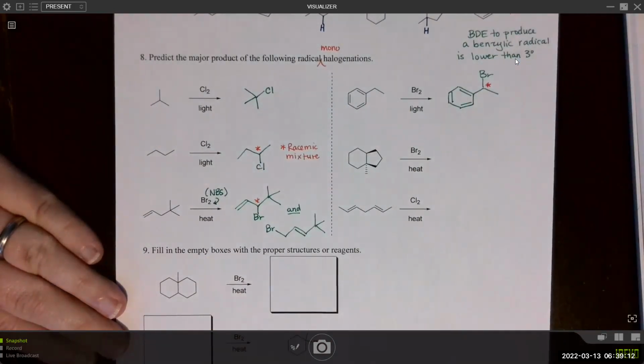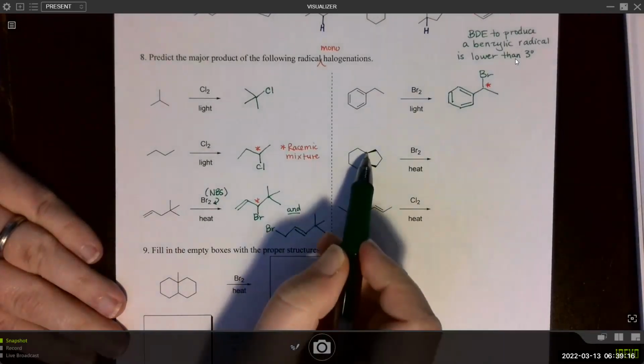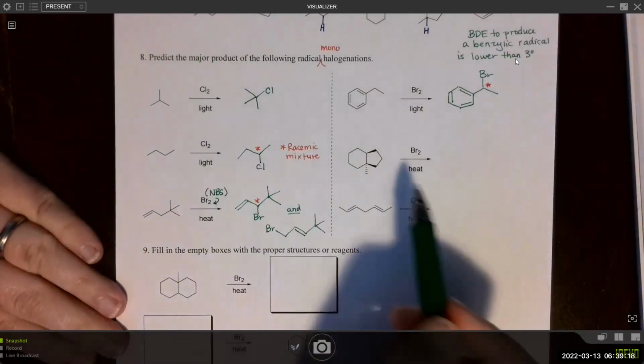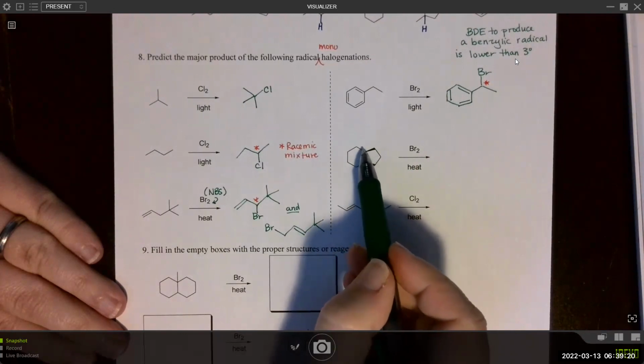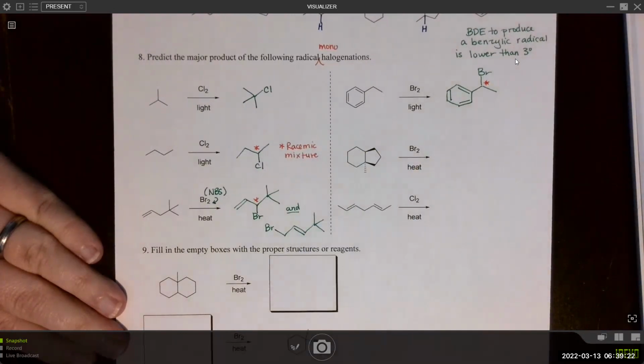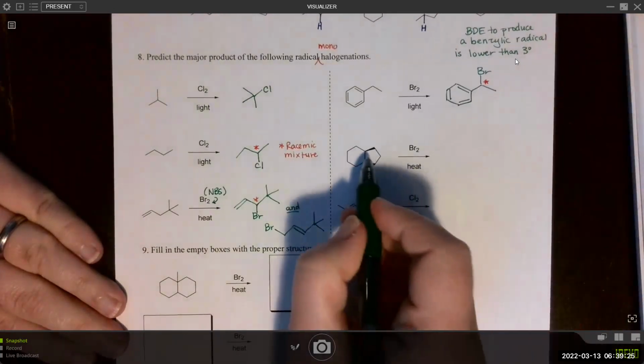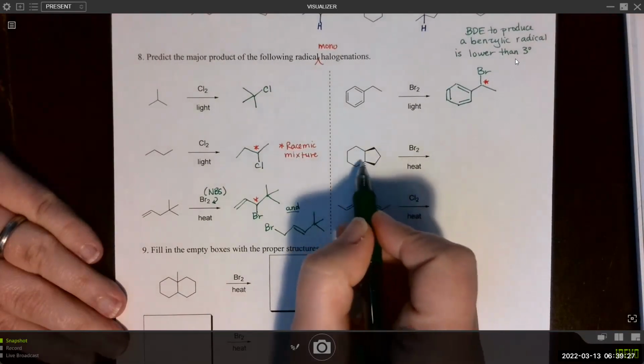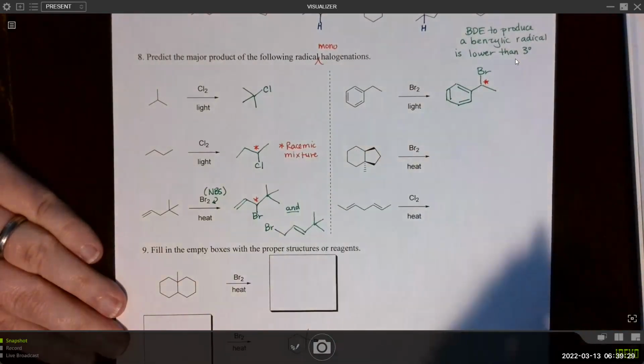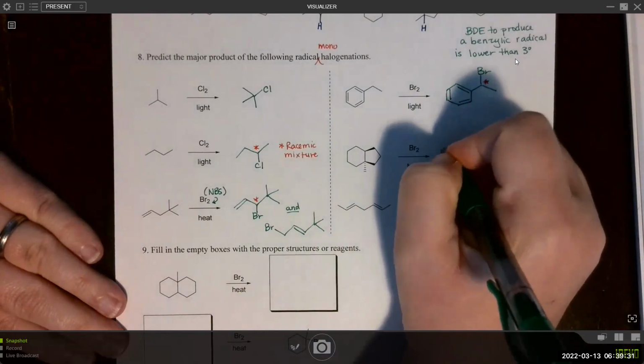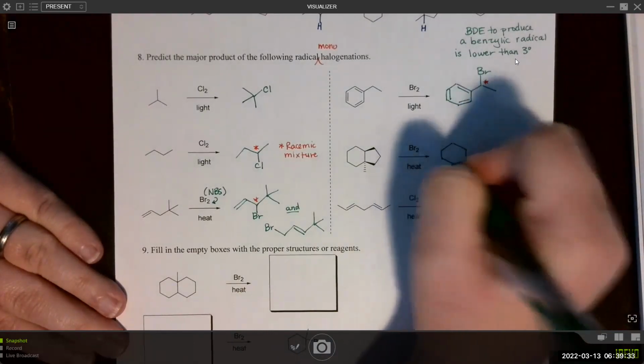And then next we have bromine. The most substituted position is here, but recall that it will get rid of the stereochemical information at this carbon. So we'll actually end up with a racemic mixture here, but this one should not be touched. So we'll end up with a mixture of diastereomers.